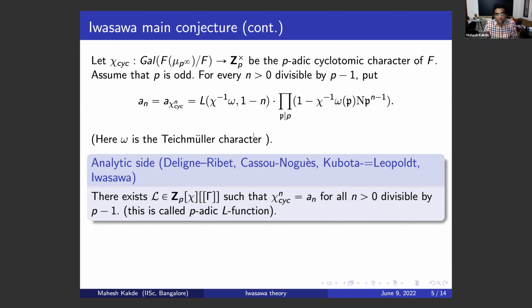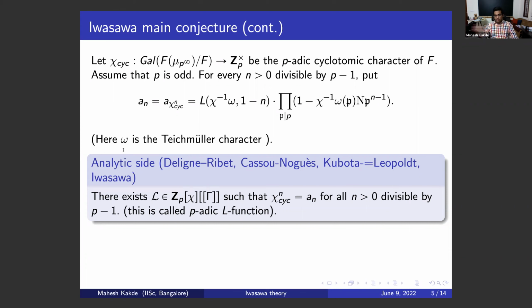Okay, so what this amounts to is showing some congruences between these values, what are called Kummer congruences between these L values, and if you have those congruences, you get an element in the group ring. If you haven't seen this before, maybe what you have seen is that if you want an element in the group ring Z_p[G] which interpolates particular values when you evaluate at each character of G, you need those values to satisfy some congruences.